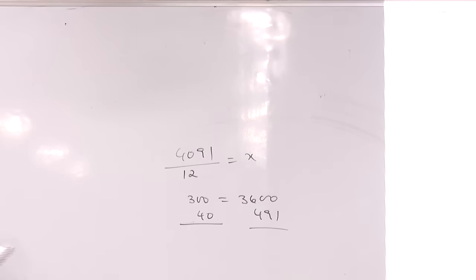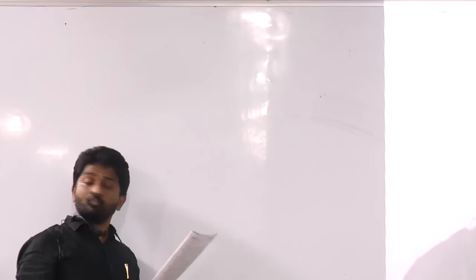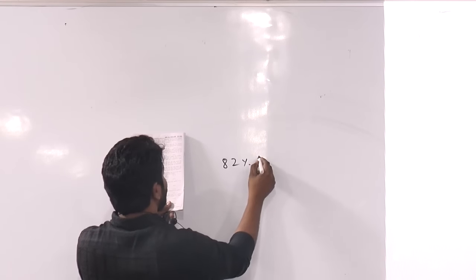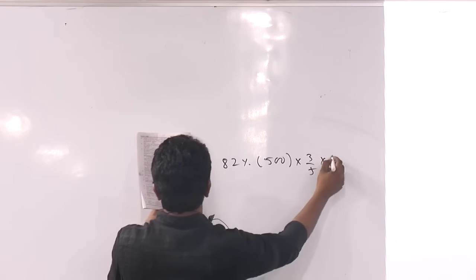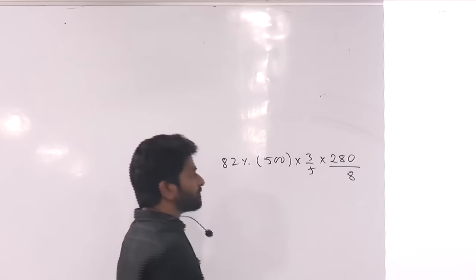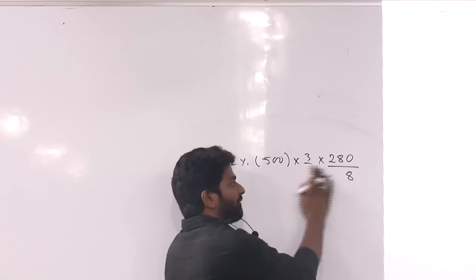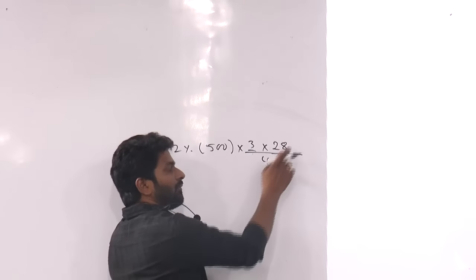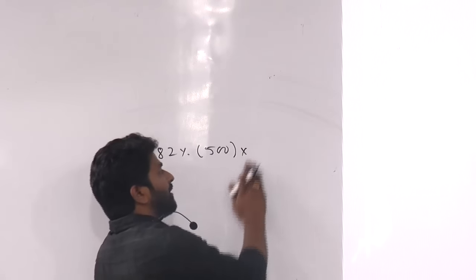Next, 82% of 500 into 3/5 of 280 divided by 8. 8 5s 40. 0 0 4 7 times 7 3s, so into 21.